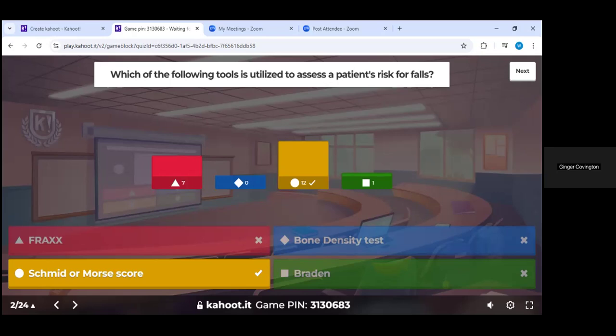The FRAX scale, does anybody know what that one's for? That is risk of fracture. Yes, that is correct. And then, of course, we have the bone density test, but that's totally different. I just kind of threw that in there. What is the bone density test for? Bone mineral, like the size of the bone, basically.